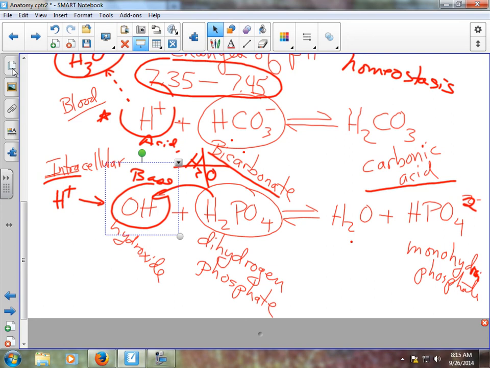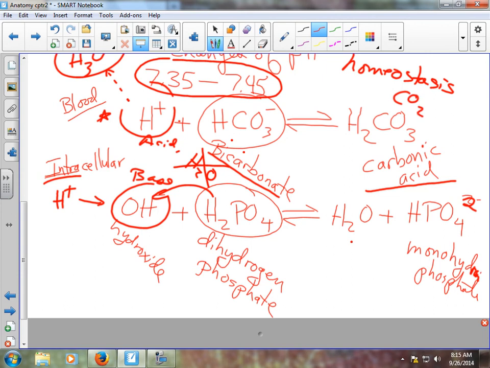Okay, so if I'm breathing too much, what's going to happen is my CO2 level, if I'm breathing out too often, my CO2 level is going to get too low. And the problem with that is this guy, carbonic acid. If I look at this formula, somewhere in there, hopefully you see a CO2. Okay.